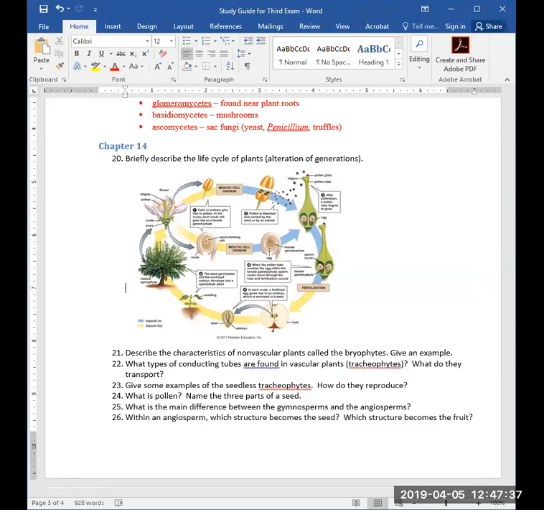But if our ovaries and our testes left our bodies and became independent structures and independent organisms, and then they in turn would produce gametes, right? So it's like if our ovaries and our testes became separate structures outside of our body, then that would be a similar way to look at gametophytes and sporophytes. Does that make sense? So that's that alternation of generation.